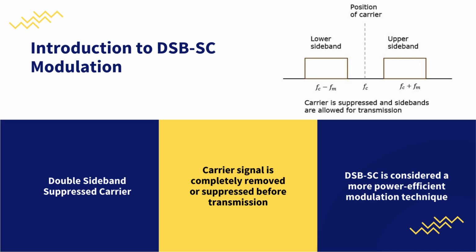In DSBSC modulation, the carrier signal is completely removed or suppressed before transmission. Only the upper and lower sidebands, as shown in the figure here, which contain the information, are transmitted. This is why DSBSC is considered a more power-efficient modulation technique.